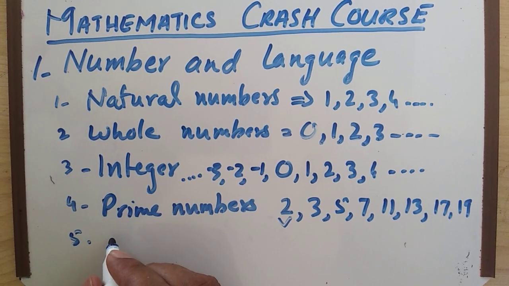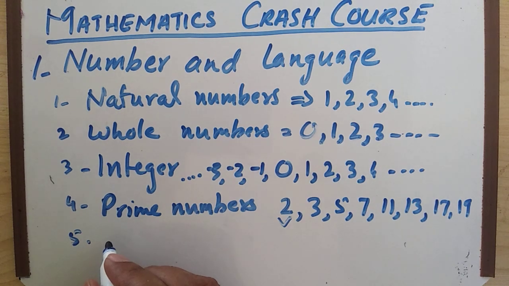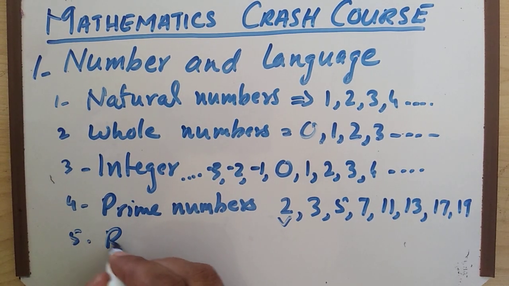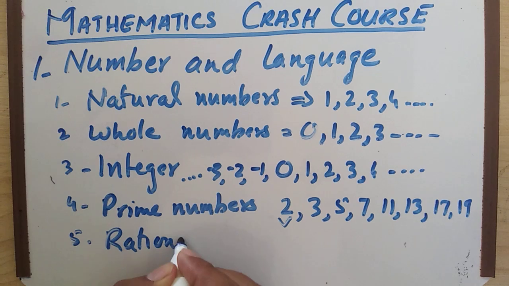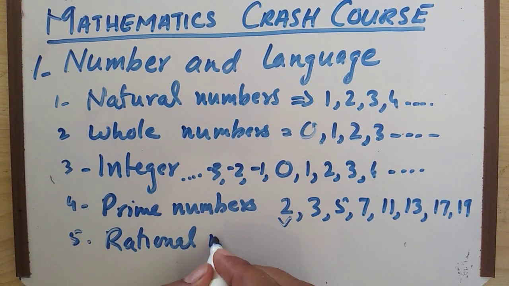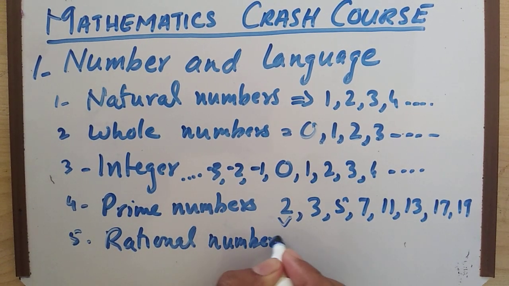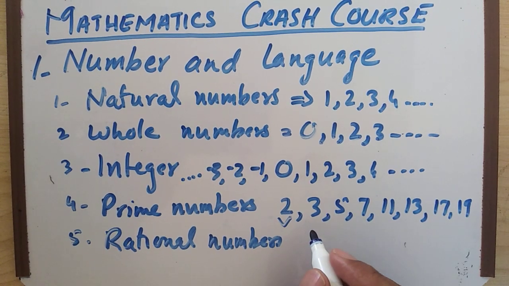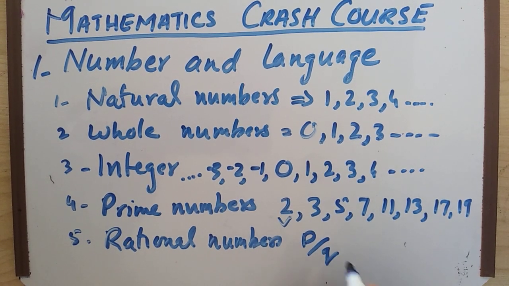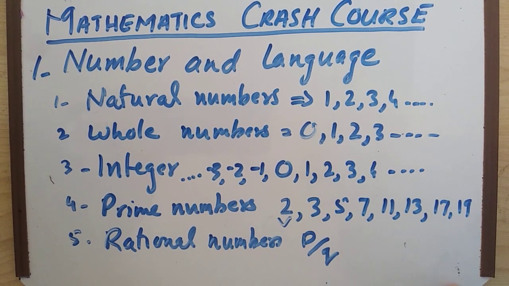The fifth type is rational numbers. Now what are rational numbers? Rational numbers are all the numbers which are in the form of p upon q, and keep in mind that q must not be equal to 0.